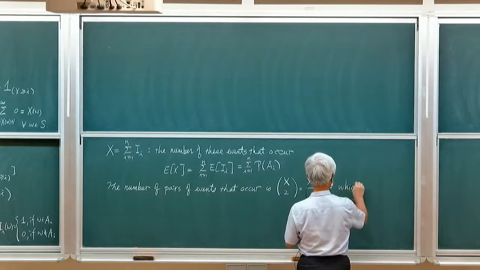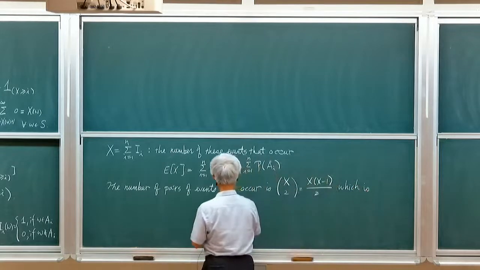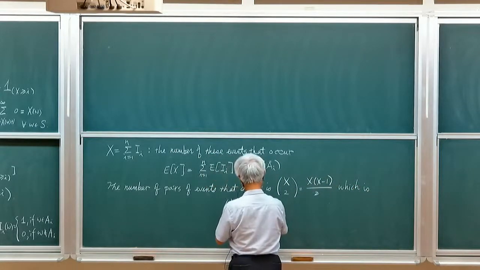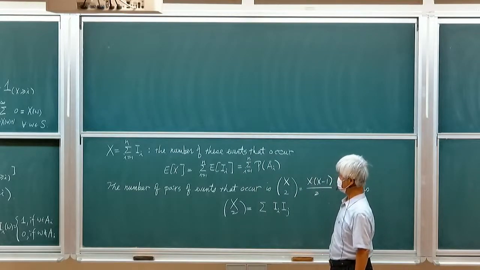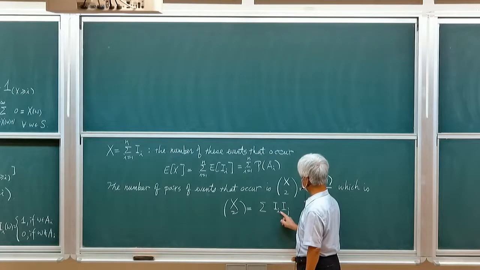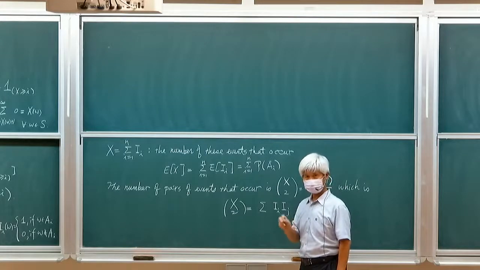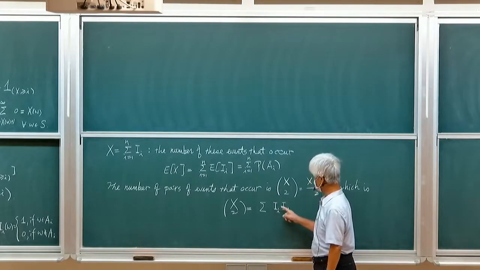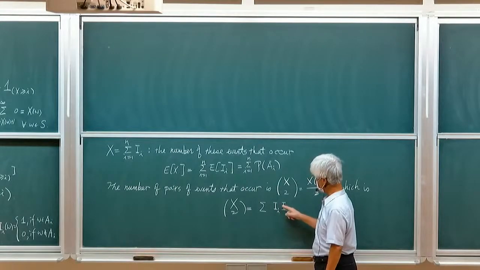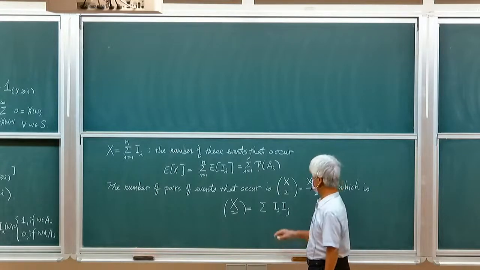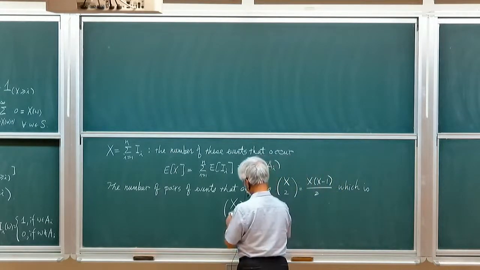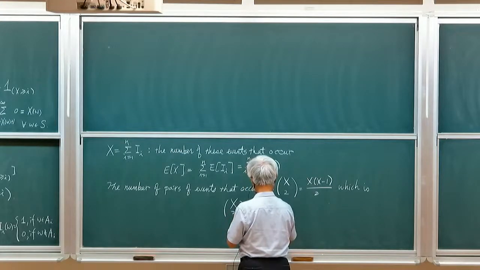Which is equal to the summation over i<j of I_i I_j. A pair of events occurring means that event Ai and event Aj occur simultaneously, if and only if the product of these two indicators is equal to 1. And so we check all possible pairs.